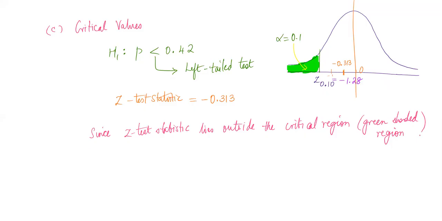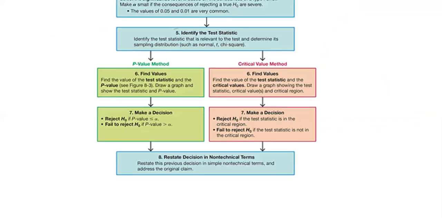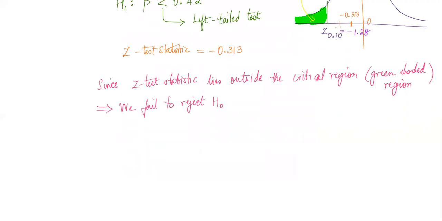It implies we fail to reject H0. How do I know this? We recall that in our step 7, the decision, it says reject H0 if the test statistic is in the critical region. Fail to reject H0 if the test statistic is not in the critical region. And we found that negative 0.313 lies outside the critical region. Therefore, we fail to reject H0.